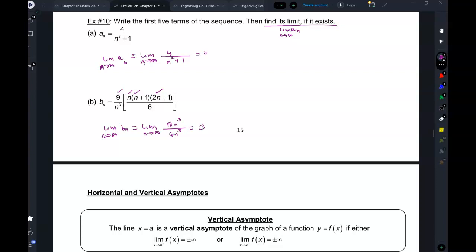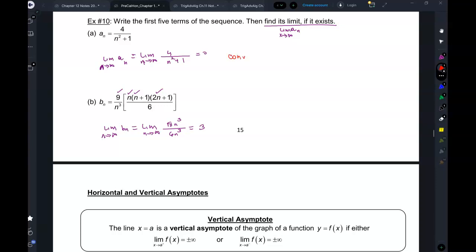3. Okay? Oh, and by the way, what this is telling me is, if I were to continue graphing all of these points, eventually, as n approaches infinity, my values are going to approach 0. So would that converge or diverge? Converge. And what about this one? Eventually they're going to approach 3, also converge.